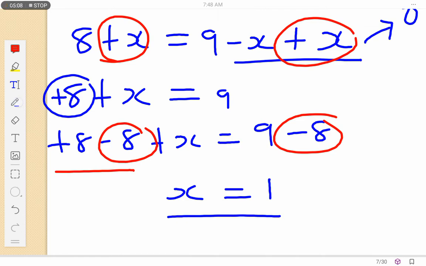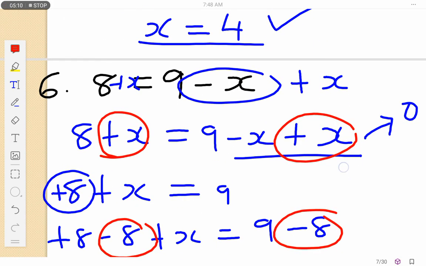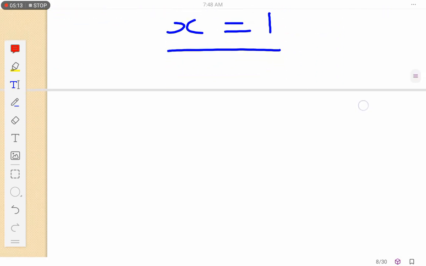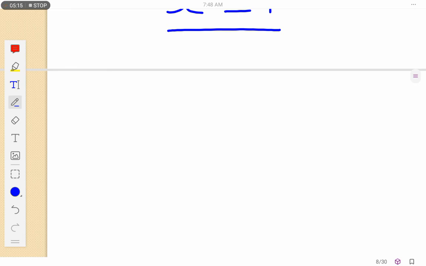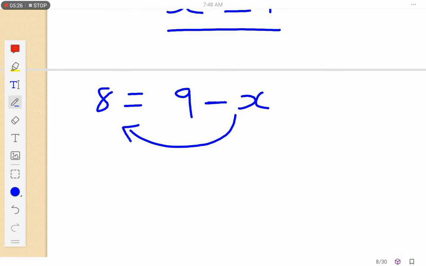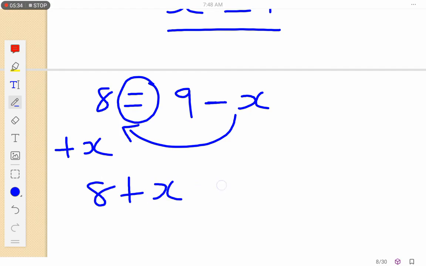I can have the same problem worked in a different method. 8 is equal to 9 minus x. What I'm going to do is have my x going to this side, and as it crosses the equal sign, it becomes plus x. So I have 8 plus x is equal to 9.